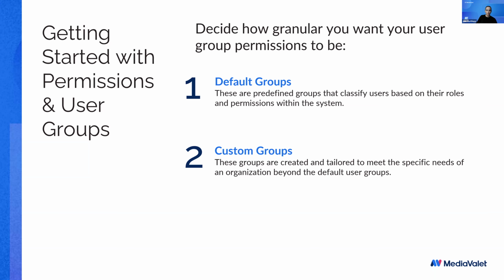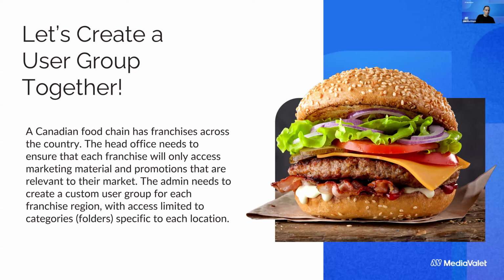So moving on, I want to do an exercise together and create a user group with you. This is based on a real client that I had in the past, and I just changed their name here. I'm going to call them JM's Burger Bliss, using my initials. JM's Burger Bliss is a Canadian food chain, and they have franchises across the country.